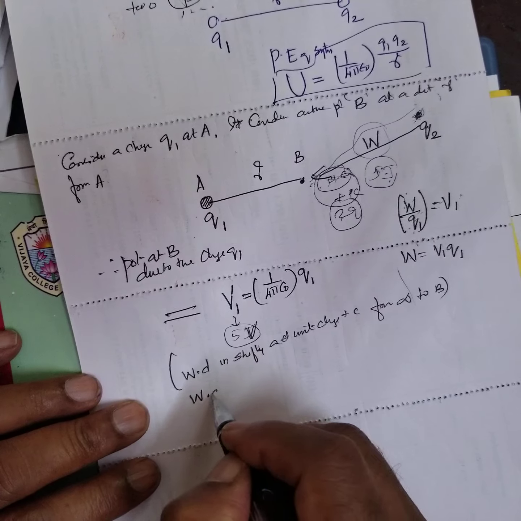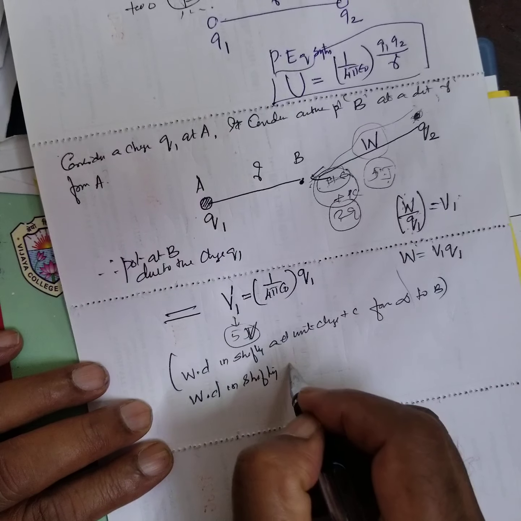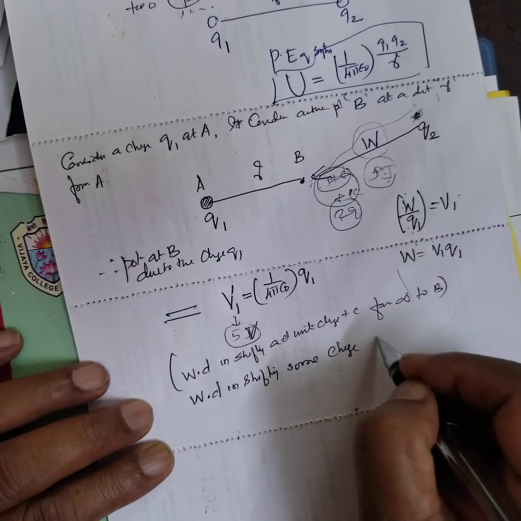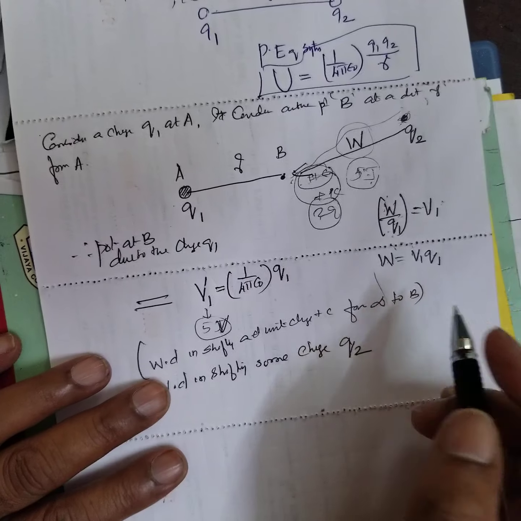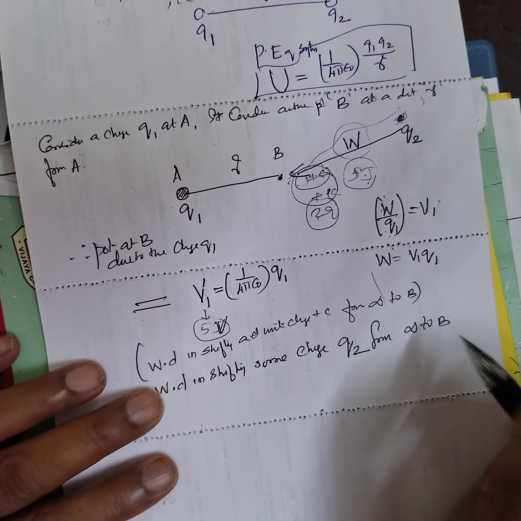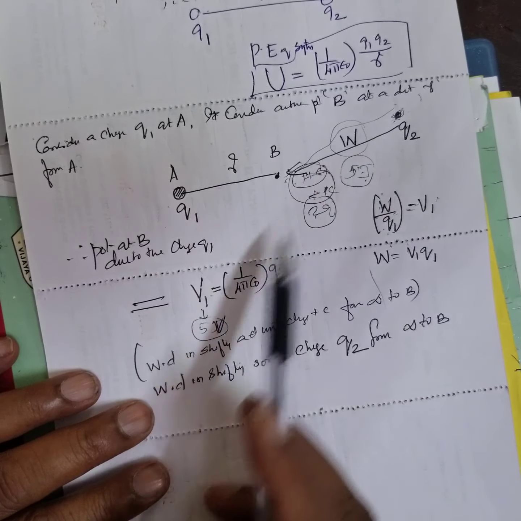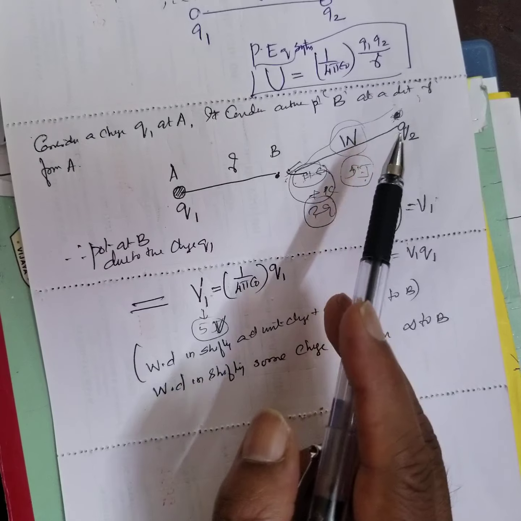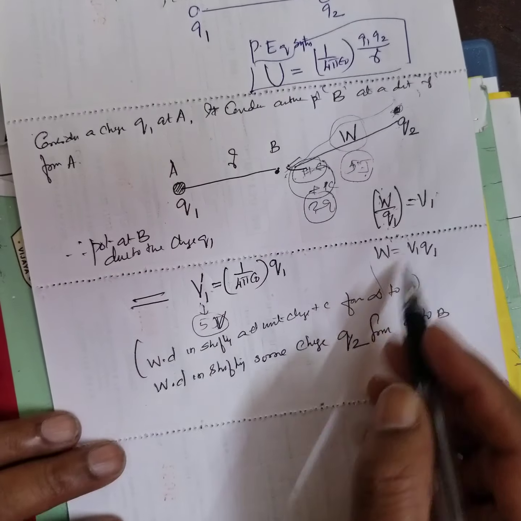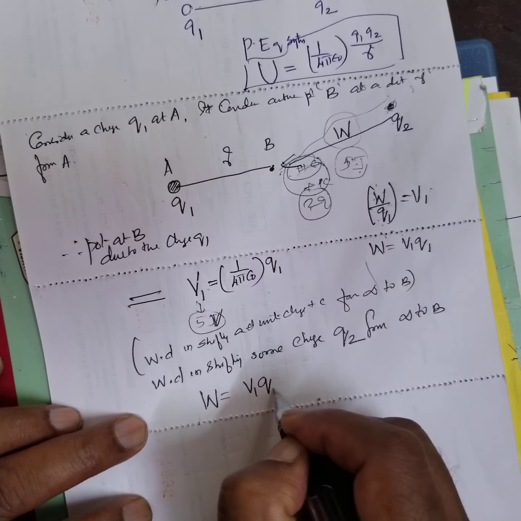Then what is the work done in shifting some charge Q2 from infinity to B? Therefore work done is equal to V1 times Q2.